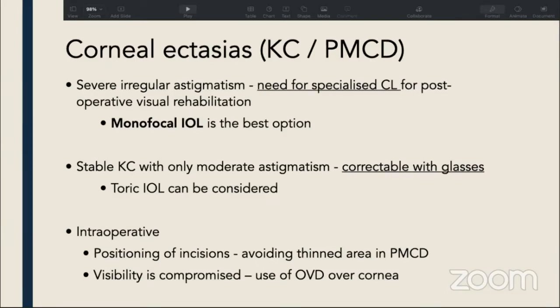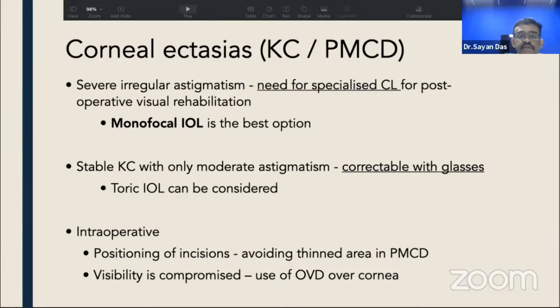So if there is severe irregular astigmatism and there is a need for specialized CL for postoperative visual rehabilitation, we should go for a monofocal IOL, because if we are planning to use this kind of lens, then the toric IOL would be a hindrance. However, if the case is stable and there is only moderate astigmatism and is correctable with glasses preoperatively, toric IOL can be considered.